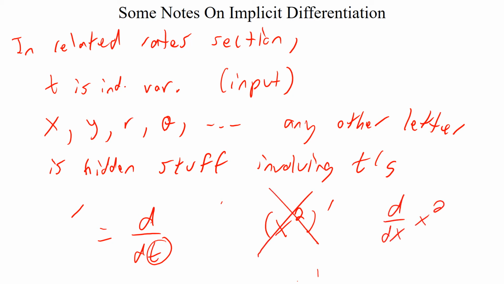Whereas if I write something like d dt of x squared, now you know that x is not the variable, so you don't just go ahead and write 2x. Okay, so we're going to be using this notation in this section. Okay, so let's just summarize these notes here.